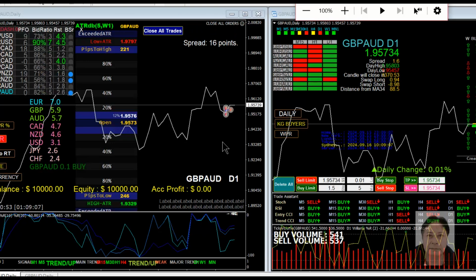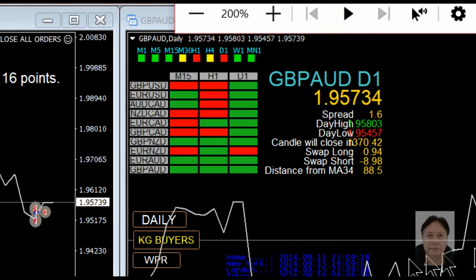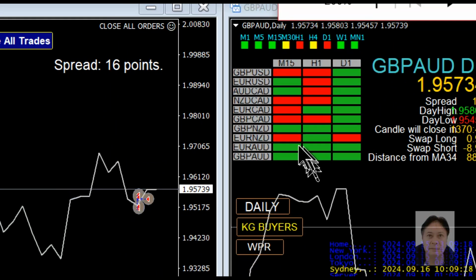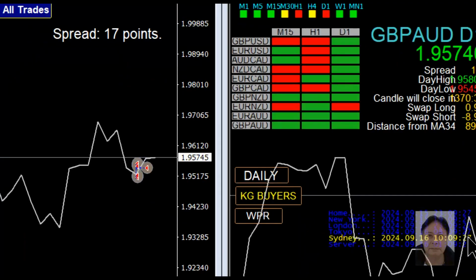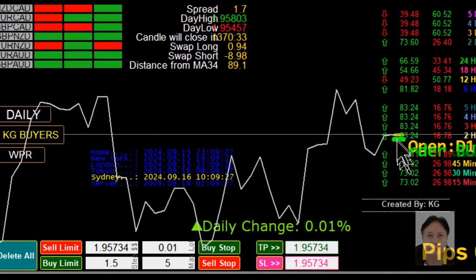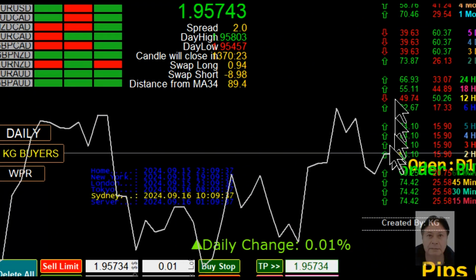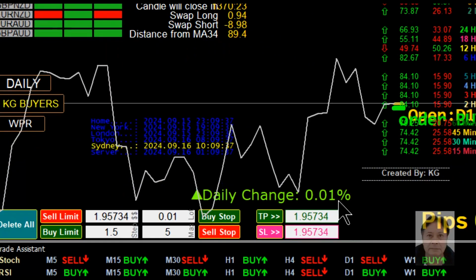Right, all the indicators now are showing up on the chart, and I thought I'll just have a quick natter. As you can see, we've got three greens now, and the spread has gone down to 17, which is good, and there's a strong uptrend there. That has gone up to 1.